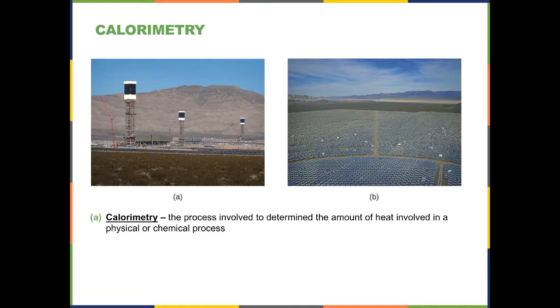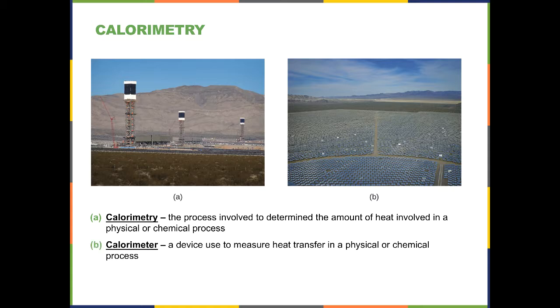Calorimetry is the process involved in determining the amount of heat involved in any physical or chemical process. A calorimeter is a device that's used to measure heat transfer in a physical or chemical process. Now, these definitions are extremely important to keep straight in your head, so make sure you pay attention to them.